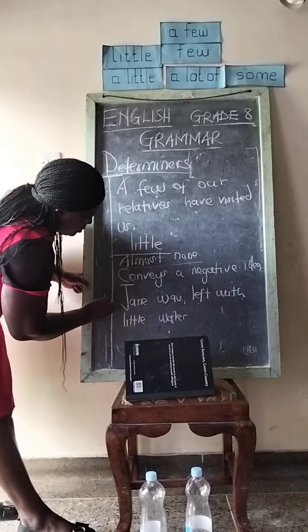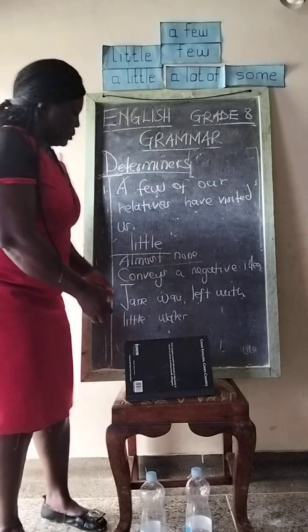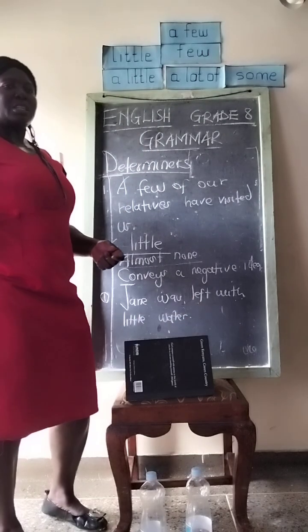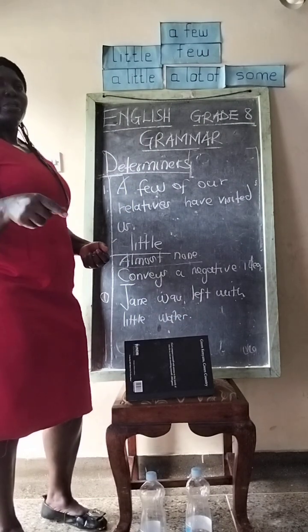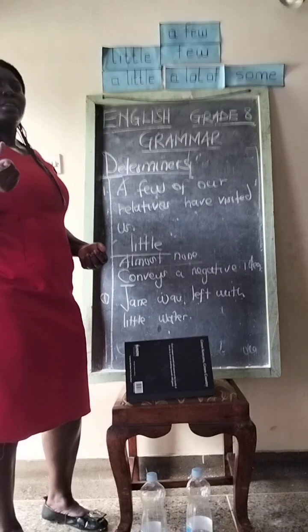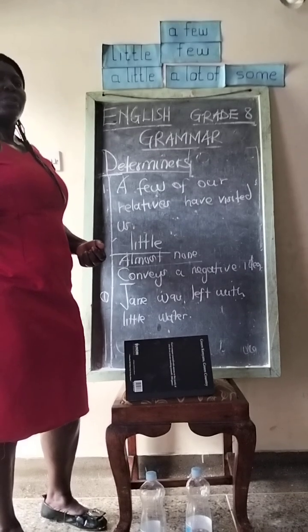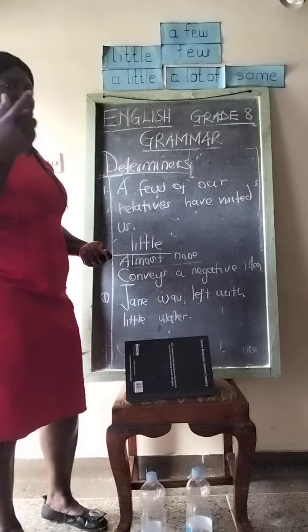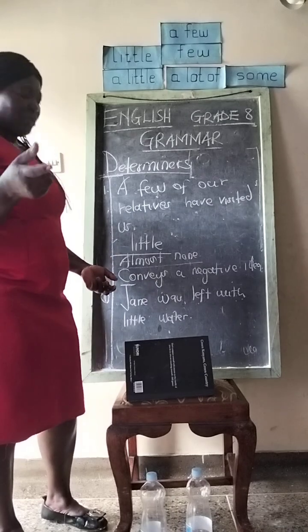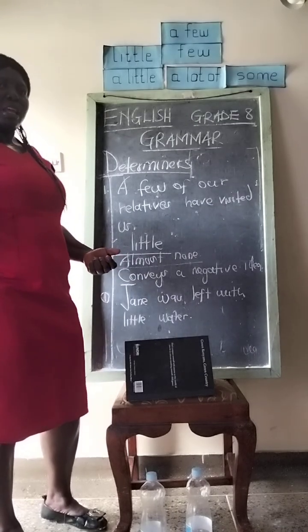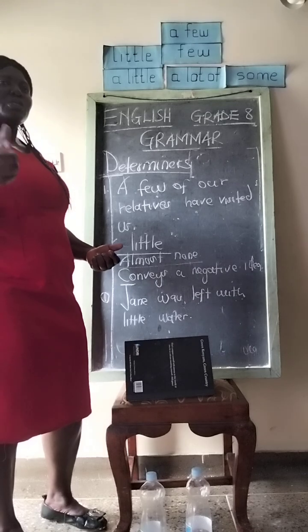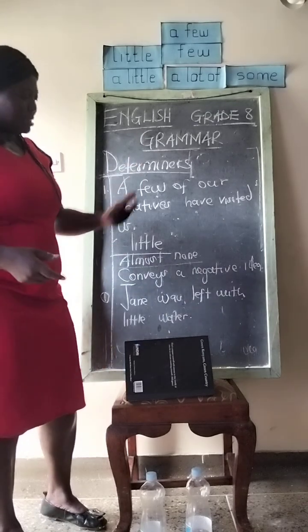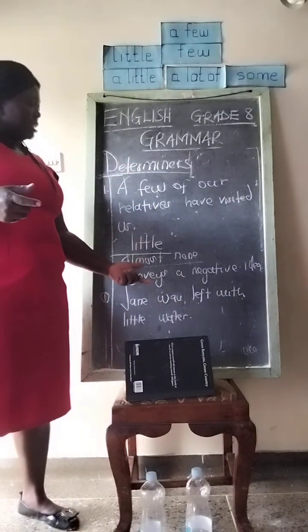Or another sentence using little: let's say you are at the table taking tea, and your mother or your father asks you to go get some sugar, and you say, note that there is little sugar left. Then it means he or she cannot get help. It is little.